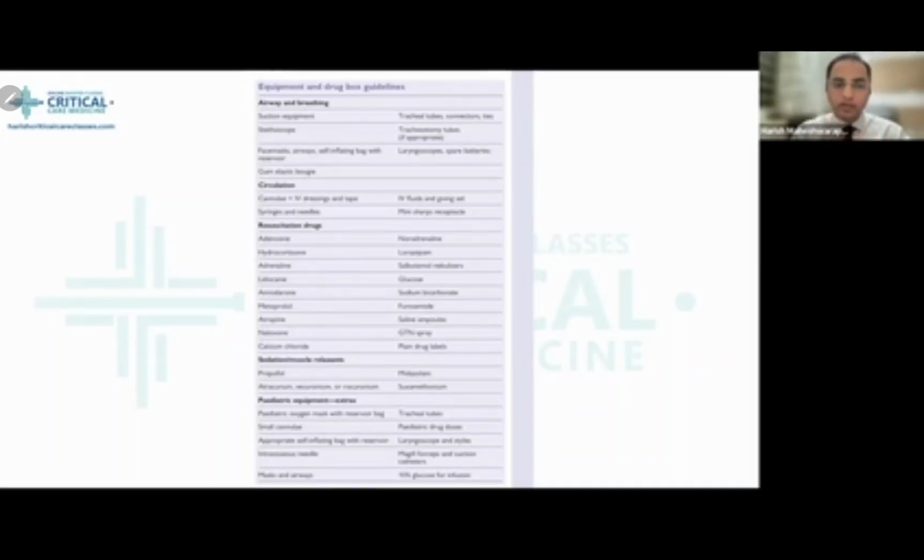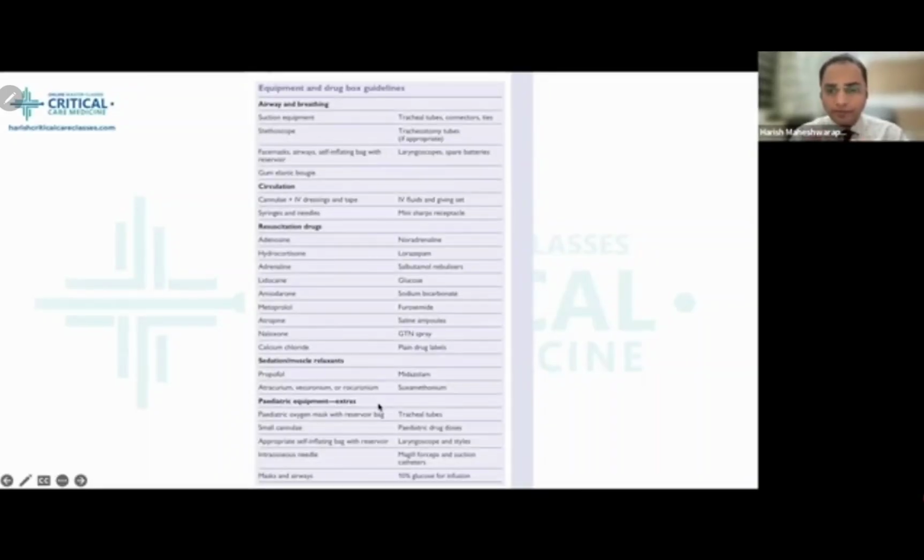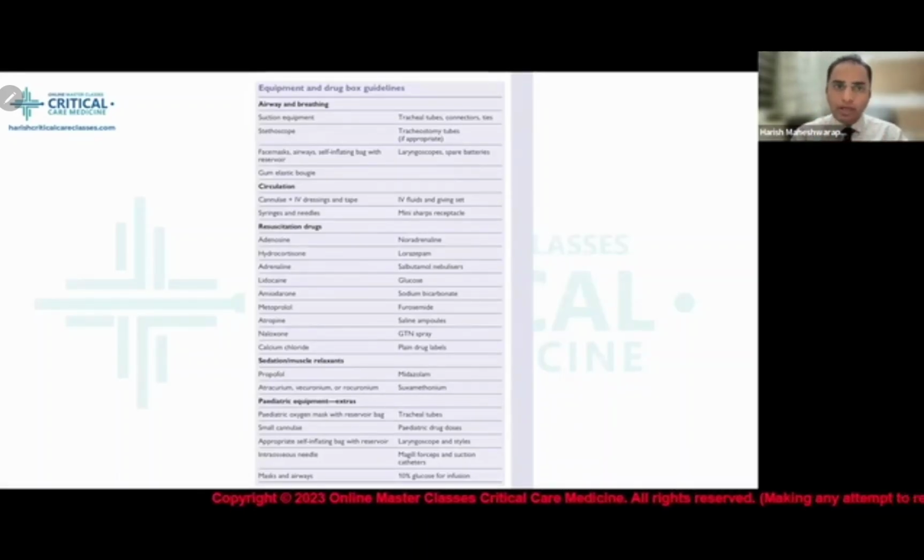We need to label it appropriately. Sedation and muscle relaxants: propofol, midazolam, dexamethasone, atracurium, vecuronium, rocuronium. Pediatric equipment, if you are involved in transferring a pediatric patient, should be thoroughly equipped in that particular ambulance.